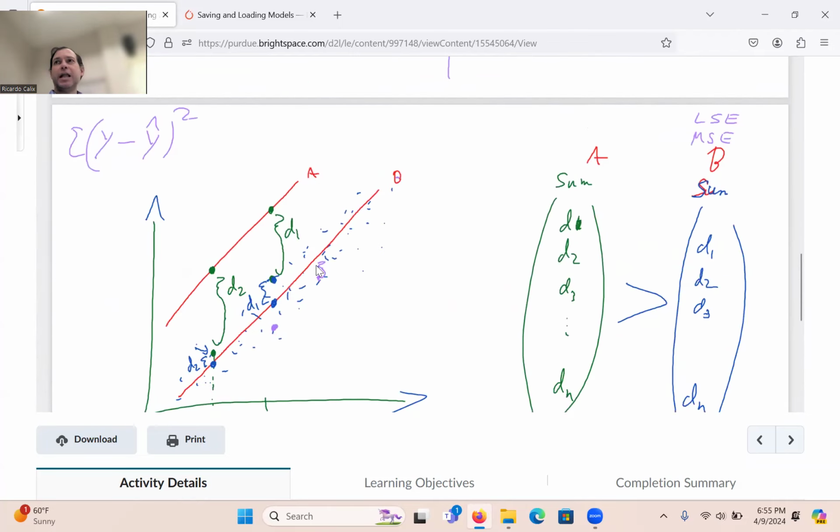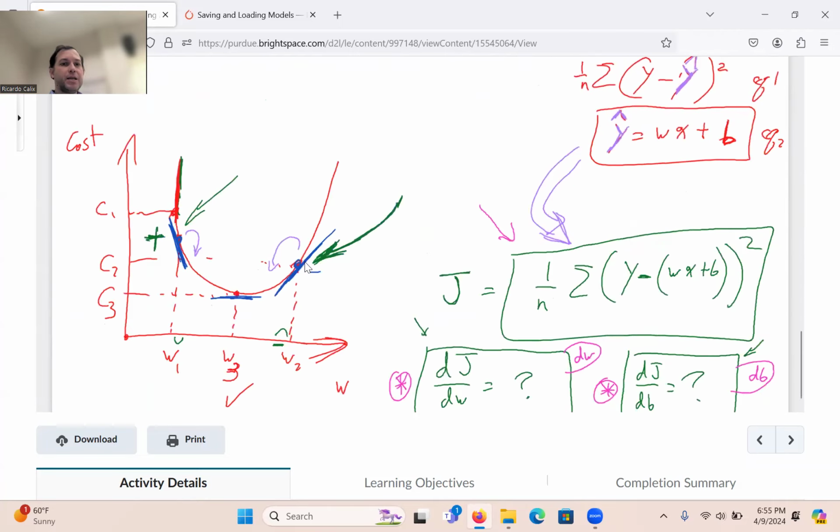The previous one is just a line separating the data. This one, what is it? It's like a bowl shape or a little curve. You see that? That is called a quadratic function. Basically, it just has this shape. But that actually has a lot of important properties.